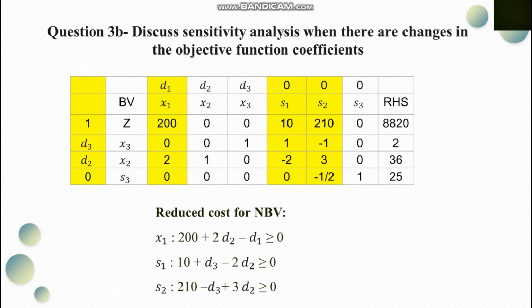For x1, 200 times 1 plus 0 times D3 plus 2 times D2 plus 0 times 0 minus D1 is greater than or equal to 0. For S1, 10 times 1 plus 1 times D3 plus negative 2 times D2 plus 0 times 0 minus 0 is greater than or equal to 0.